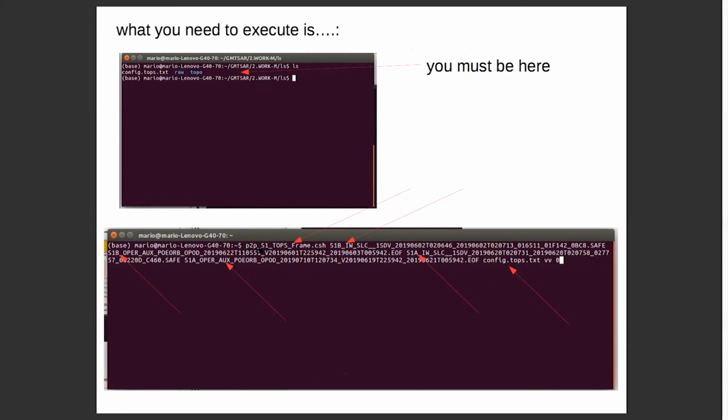p2p_S1_TOPS, and then you need to put the names of the files in this order: the first day, the ephemeris, then the second day, and the second ephemeris, and then this. But in my case, it didn't work on my computer, I don't know why.